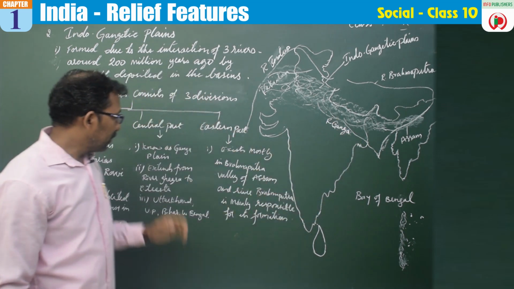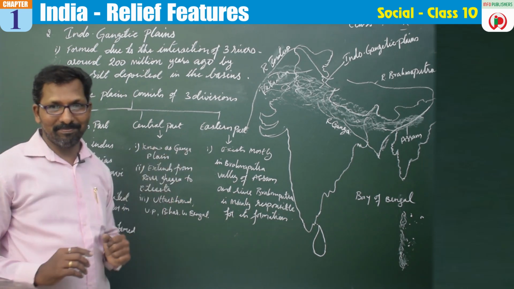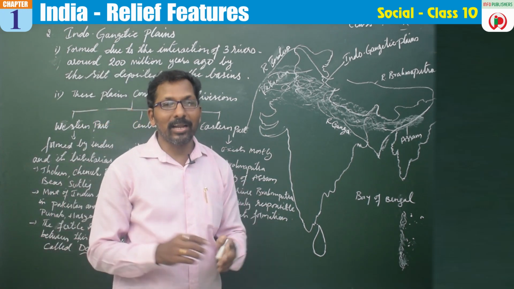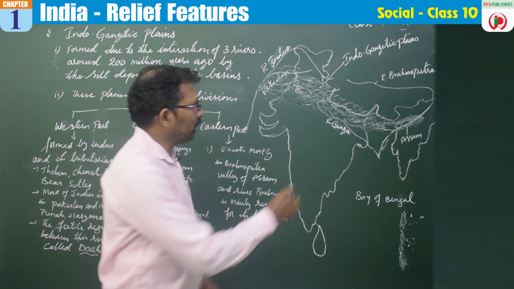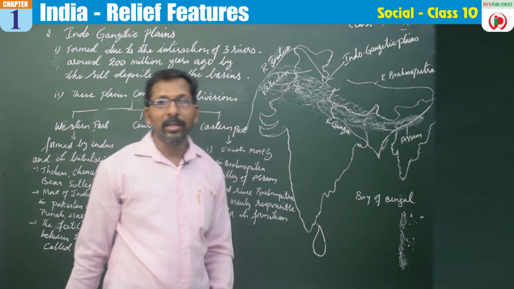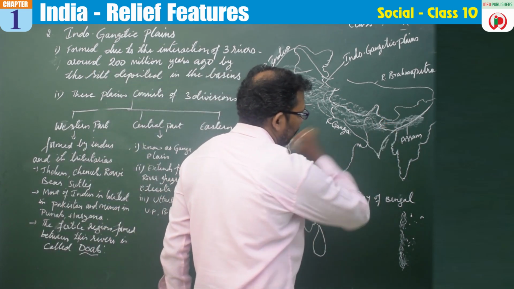Right. And this extends from river Ghagra to river Teesta. River Ghagra, not the ghagra we wear. Ghagra is the name of a river. The Ghagra is here, in Uttar Pradesh, right? And where is Teesta? Here, right?